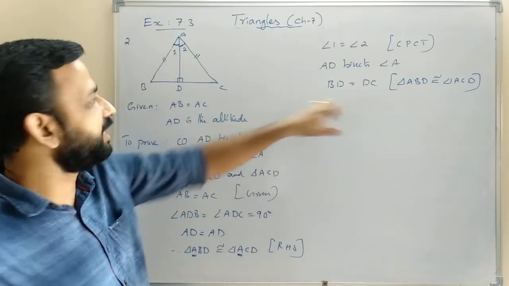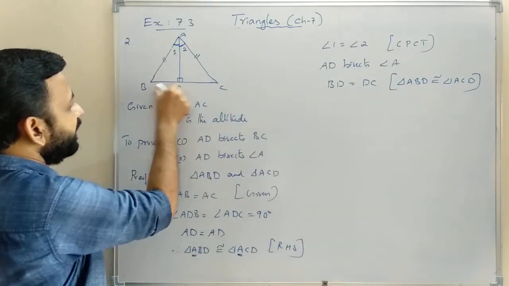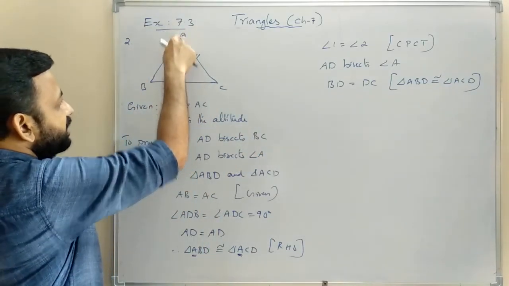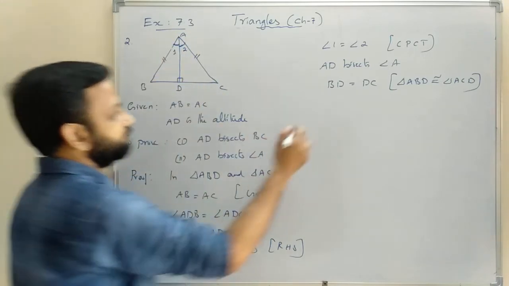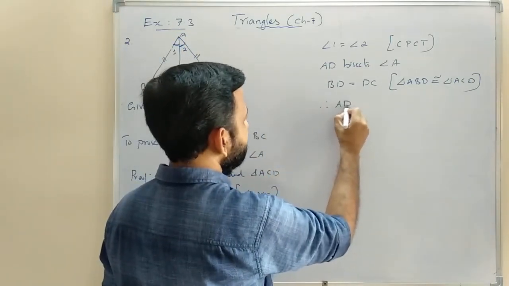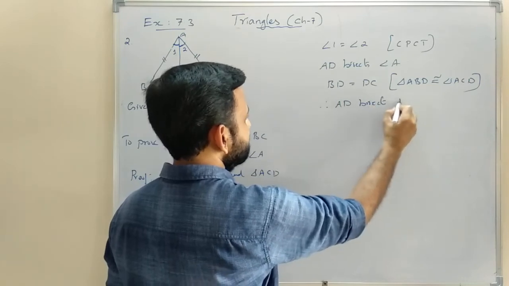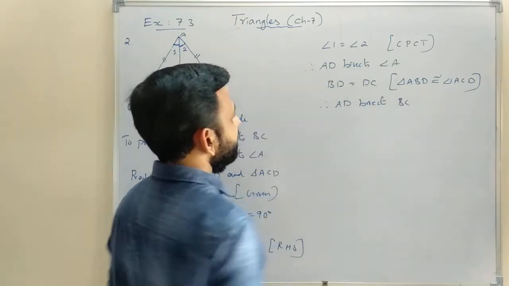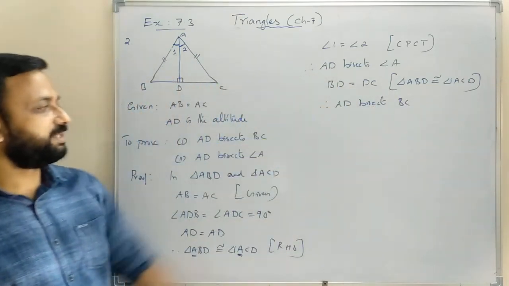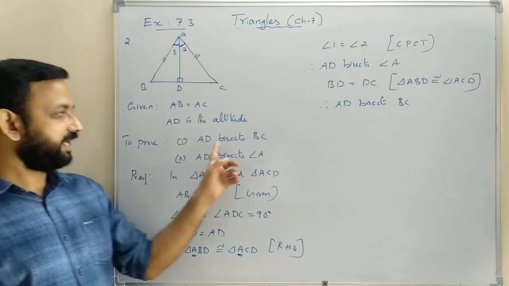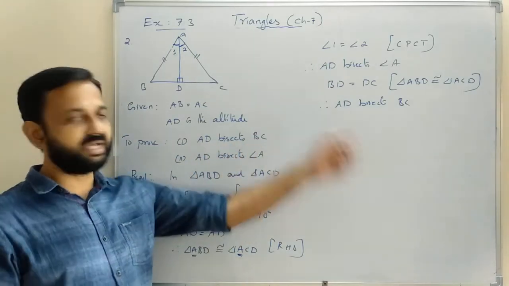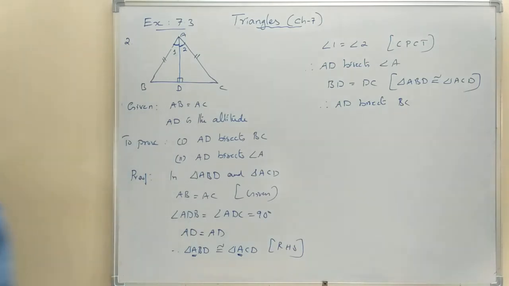So now we got BD and DC are equal. If BD and DC are equal, then we can say AD bisects BC. Therefore, AD bisects BC. So we got both the conditions, AD bisects BC and AD bisects angle A.